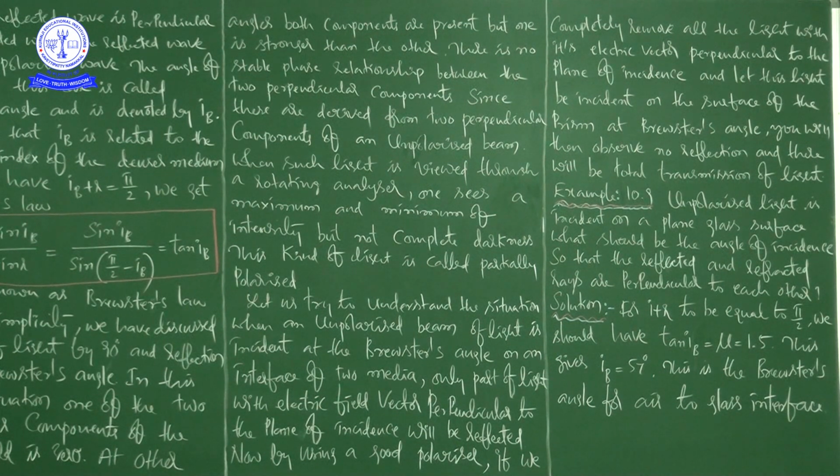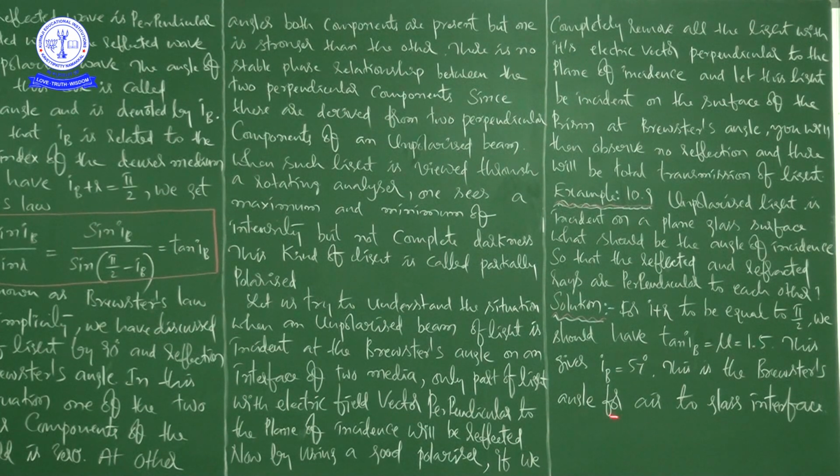You know that i plus r is equal to pi by 2, and we should have tan iB equal to 1.5. So when tan iB is equal to 1.5, you can find iB, that is tan inverse of 1.5, which gives you 57 degrees. This is the Brewster's angle for the air to glass interface.